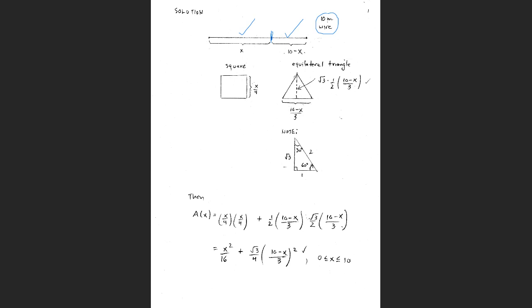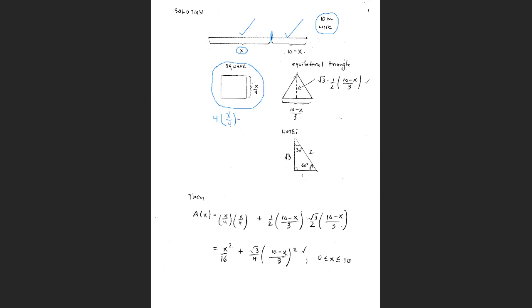So I'm going to take the piece of wire x meters long and bend it into a square. Well, the square would have to have sides of x over 4, because note that 4 times x over 4 equals x.